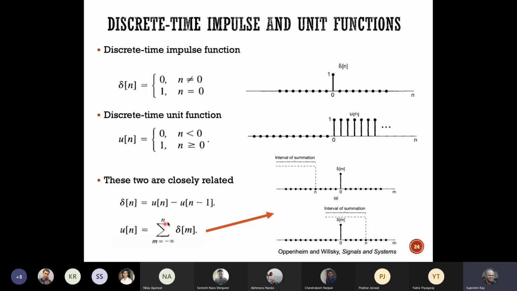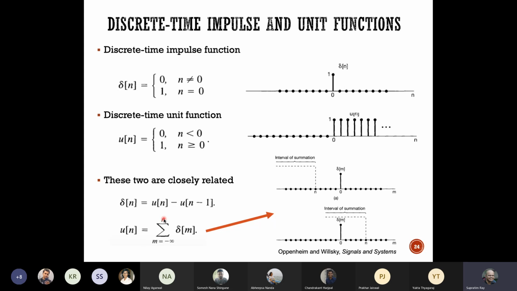This n is the variable. Okay, so every delta[m] is a function which is like this. There's a delta function at 0. So I'm looking at the summation of the interval. This is n here.